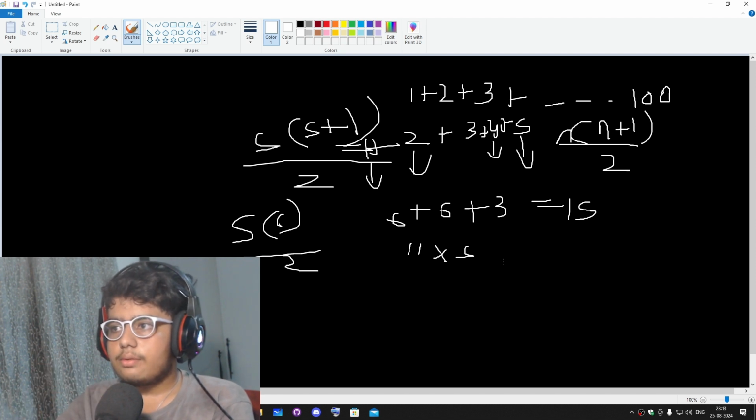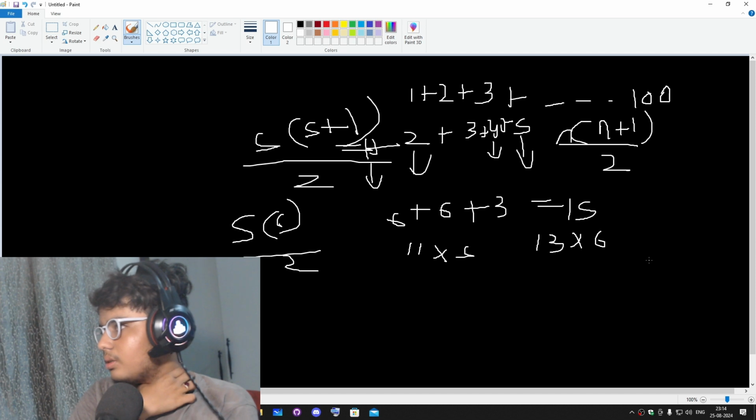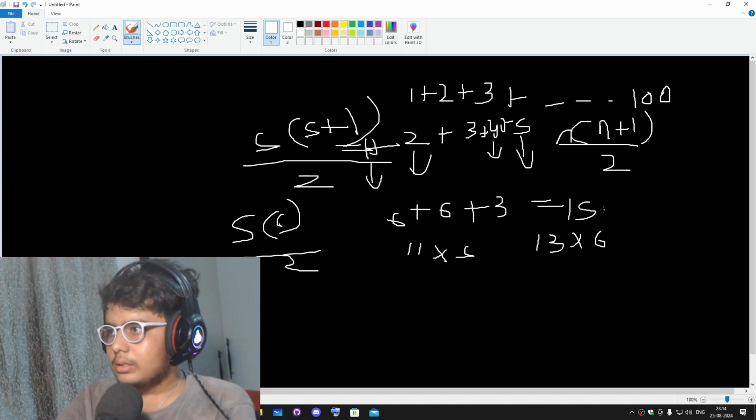In 12 I noticed 13 is repeating 6 times. Great, 13 is repeating 6 times. Then I got this logic: if we divide 12 by 2 we get 6, and if we add 1 to 12 we get 13.